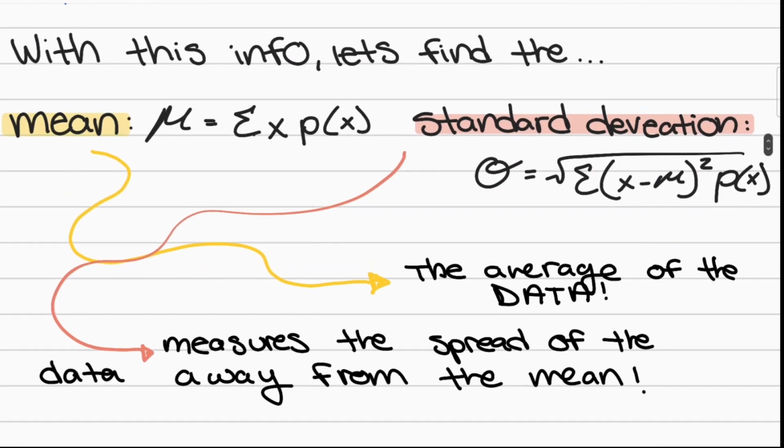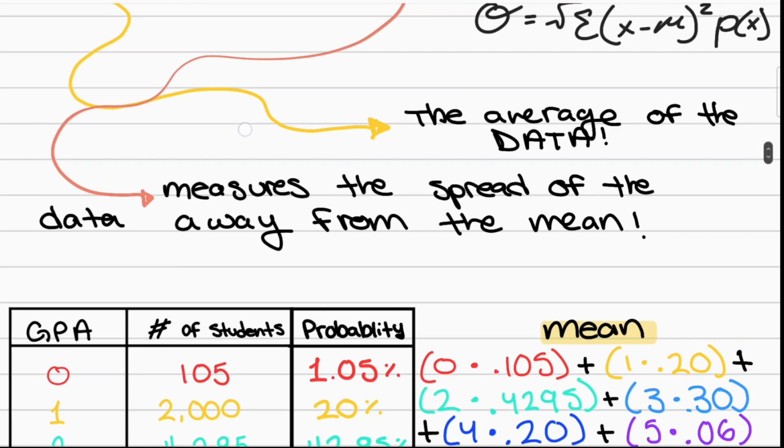So with this info, let's find the mean, the standard deviation, and the variance of the data. Sorry, not the average, I meant the variance. The mean basically means the average of the data, and the standard deviation measures the spread of the data away from the mean.